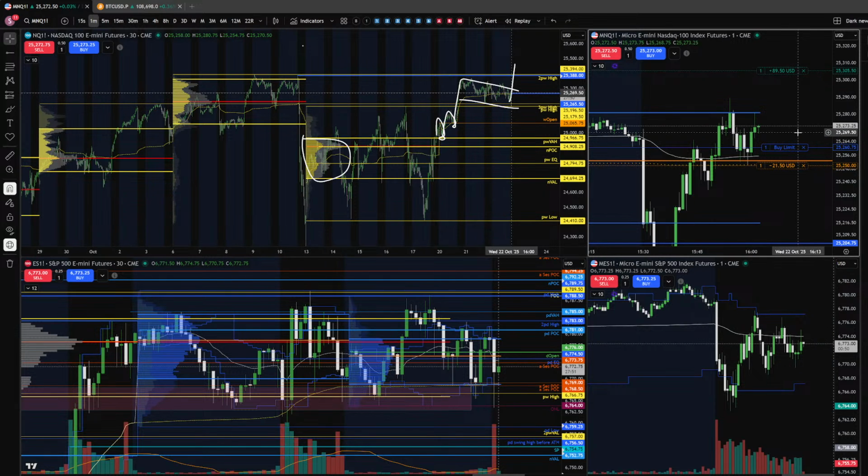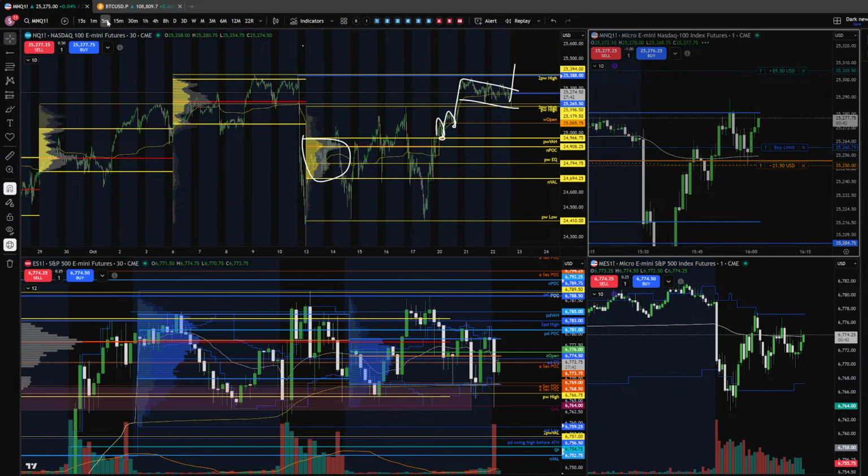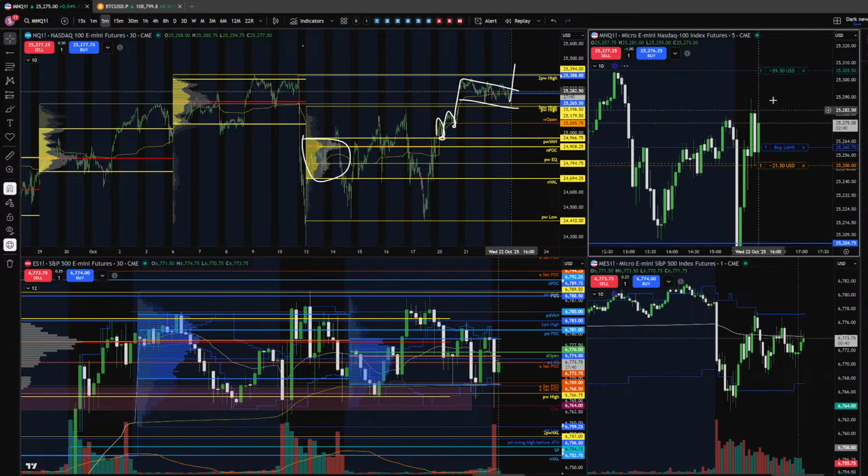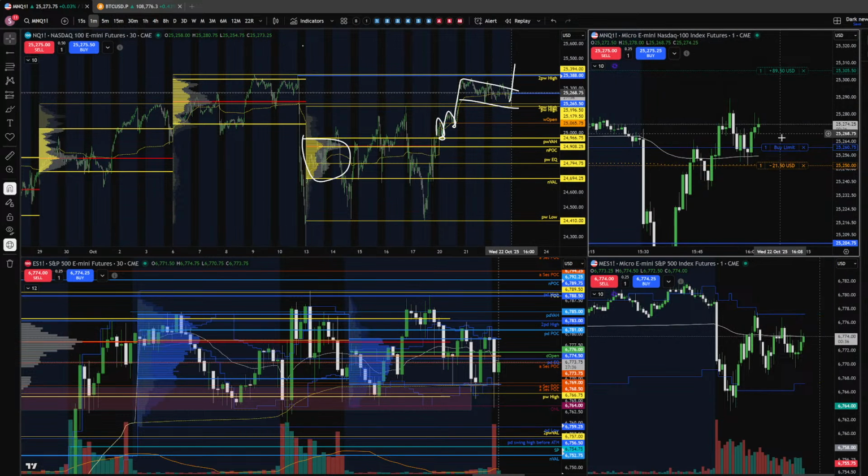Not as nice as before right now, because it already tapped the daily value area high, so now it's even a little bit less probability than before for this to hold if price comes below here.